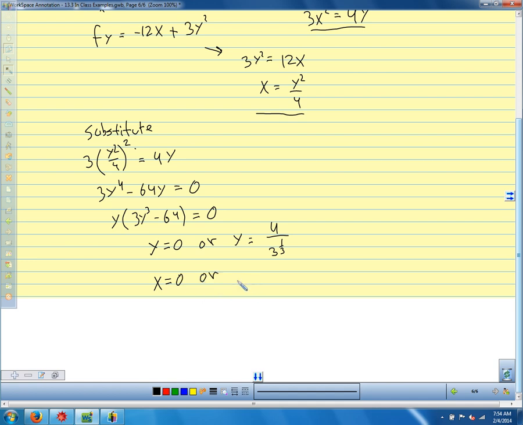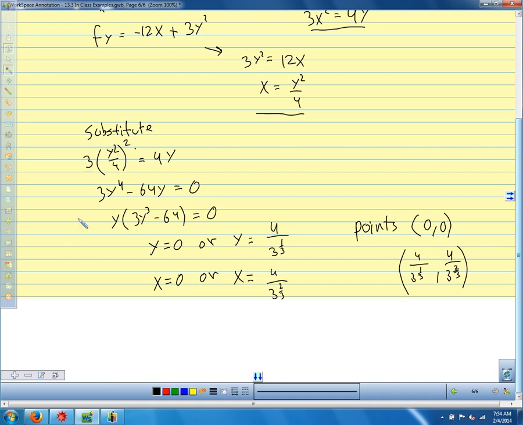Or, when I plug this in for y, I get x equals 4 over 3 to the 2/3. So our points are 0, 0, and 4 over 3 to the 1/3, 4 over 3 to the 2/3, is where these two equal 0 simultaneously.